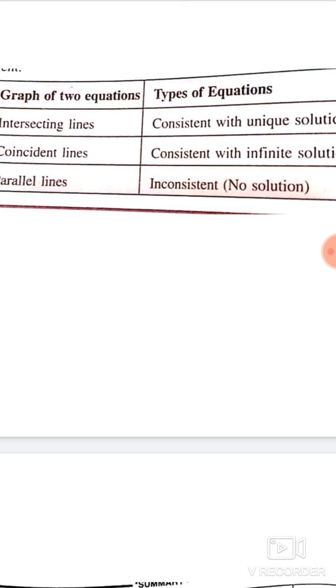It means that if the equations are consistent, then only they have a solution. If the lines do not have a solution, then the equations are inconsistent. It means we can solve the equations only in case of a unique solution, that is when the lines are intersecting. In case of infinitely many solutions and parallel lines, that is no solution, we cannot solve the equations.